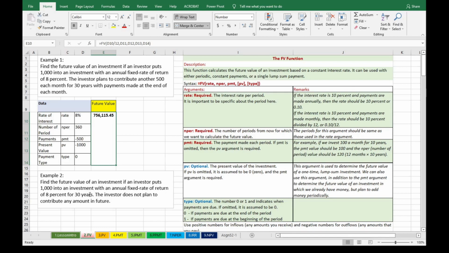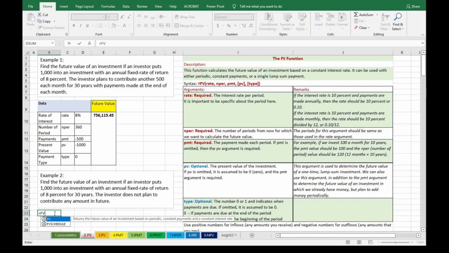Now let's take another example where the investor puts 1000 into an investment with annual fixed rate of 8% for 30 years, and the investor does not plan to contribute any amount in future. So here also let's directly calculate. We'll put the function equal to FV, and we will have rate of 8%, and here we'll not divide by 12 because he is not putting any monthly payments. Then NPER is number of period is 30.